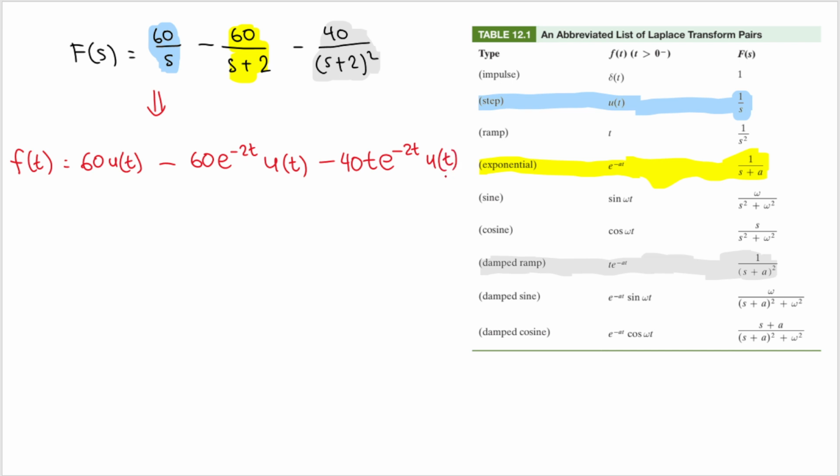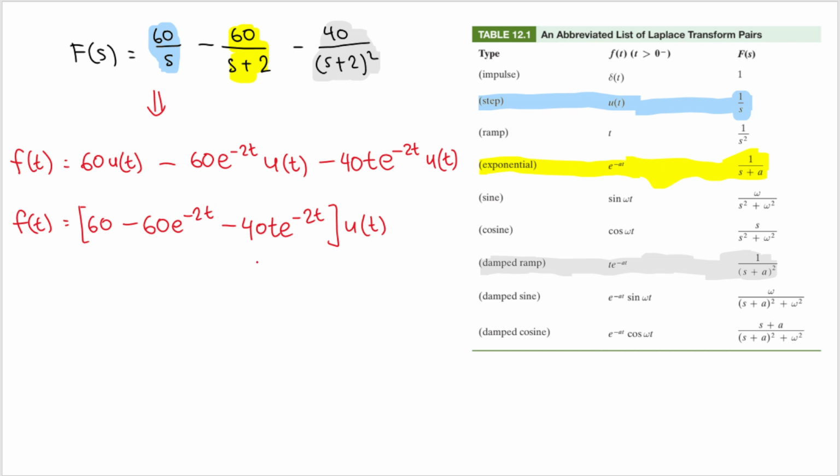Okay, you can stop here, but maybe I will take out the u(t) for a more elegant solution. So we will have 60 minus 60 e to the minus 2t minus 40t e to the minus 2t, multiplied by u(t).